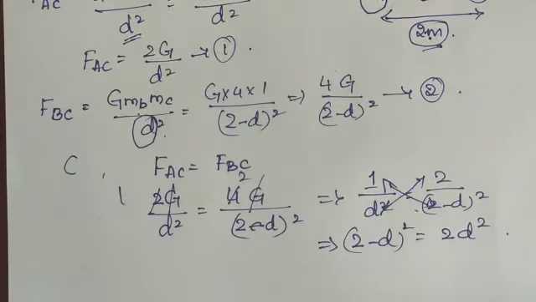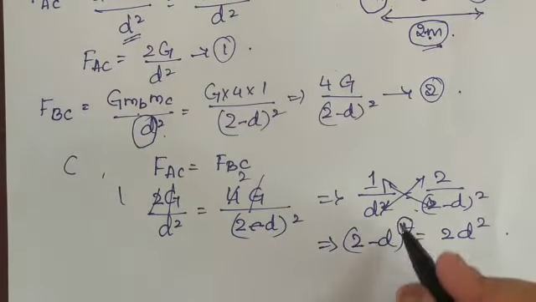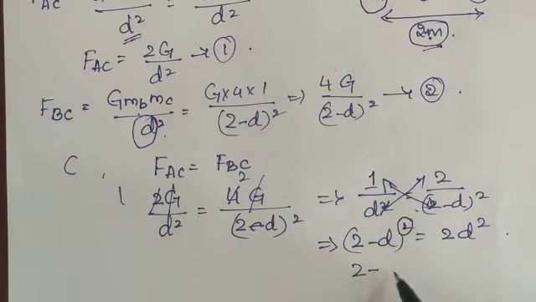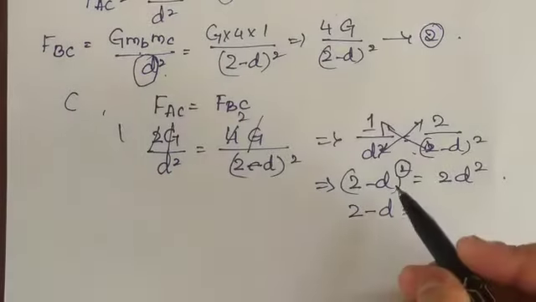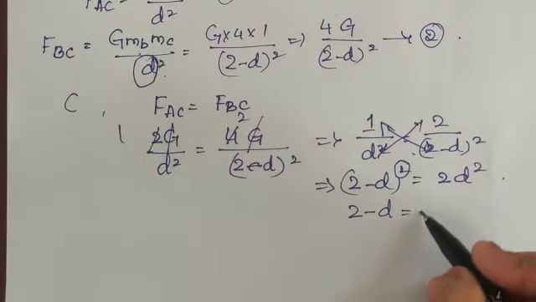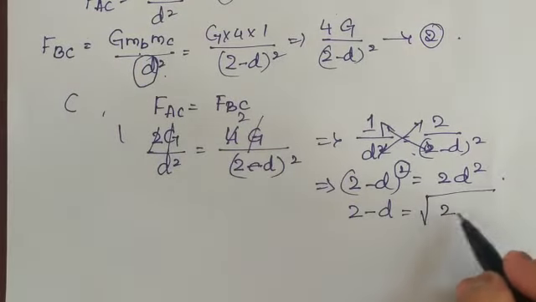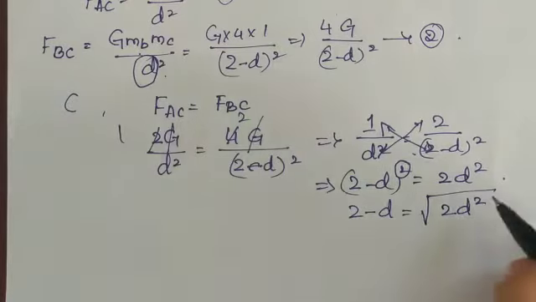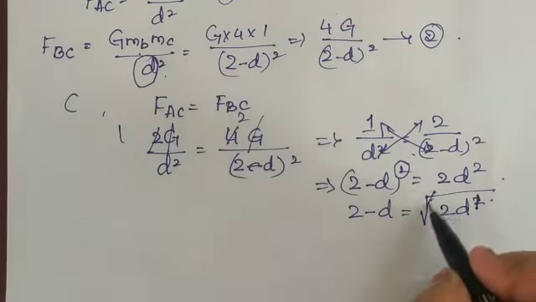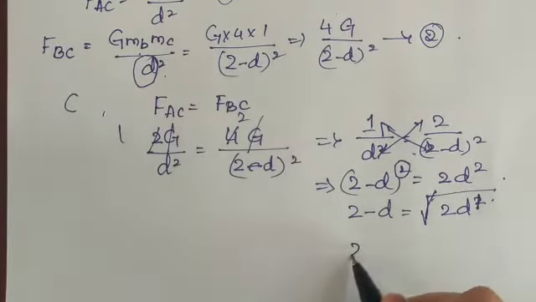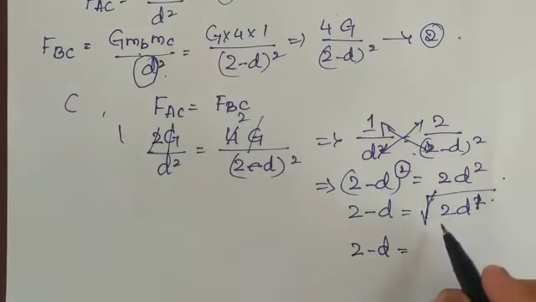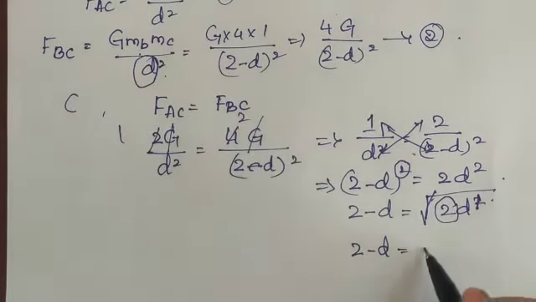Now 2 minus d whole square is there, so let me take this square to this side. It becomes square root. 2 minus d is equal to square root of 2d square. The d square and this root will cancel, so 2 minus d will become root 2 d.